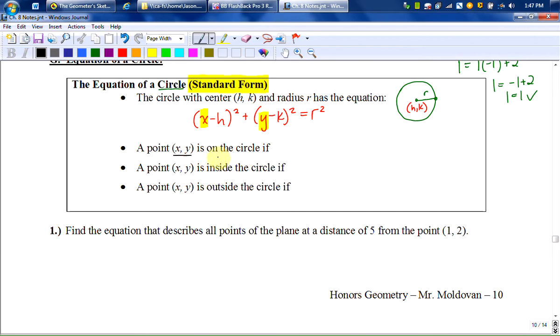If I have some point and I want to test if it's on the circle, then when I plug it into the equation of a circle, it will be equal.